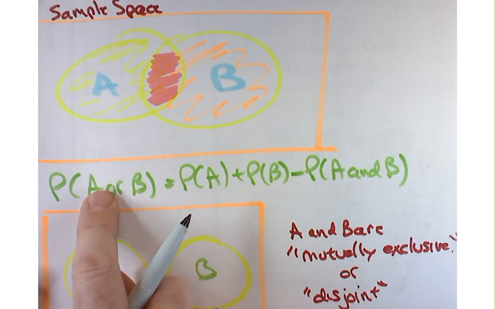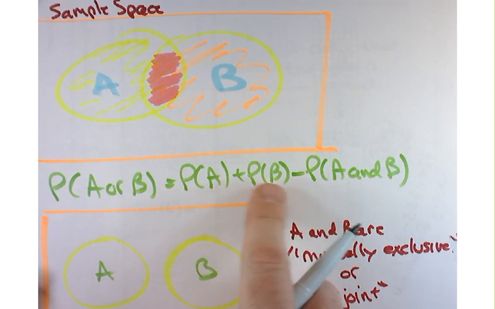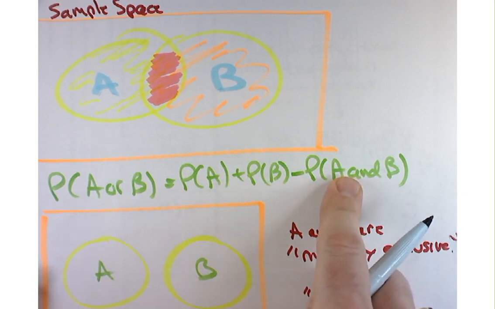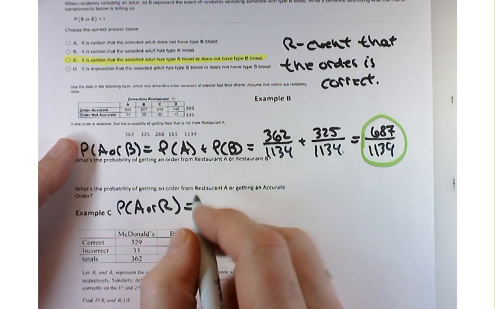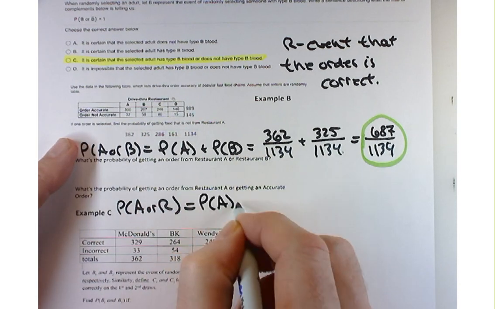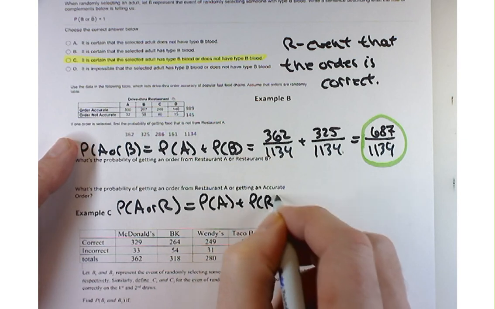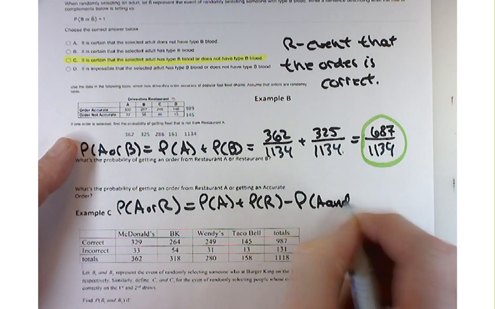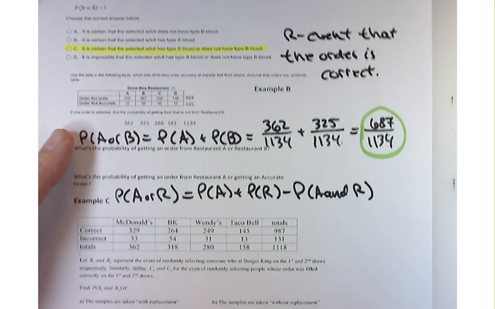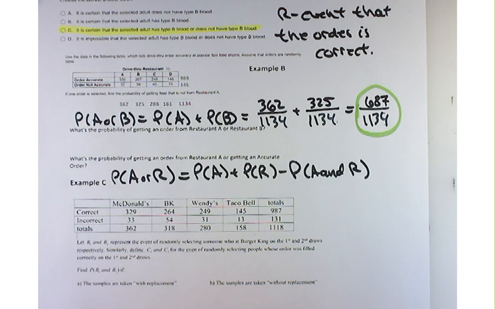The probability of A or R is the probability of A plus the probability of R minus the probability of their intersection. That's going to be the probability we're going to have to fill in.